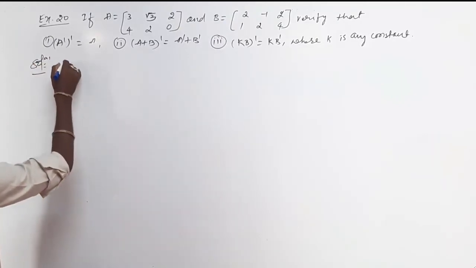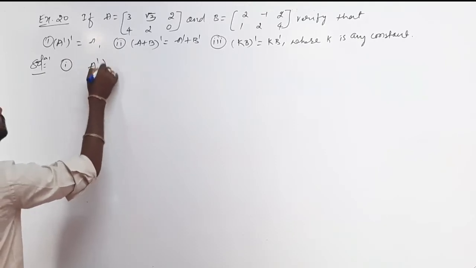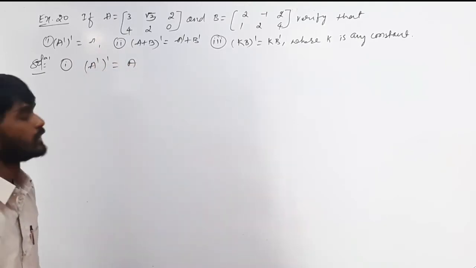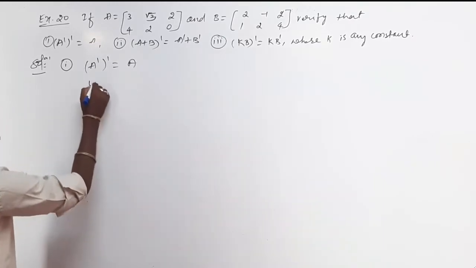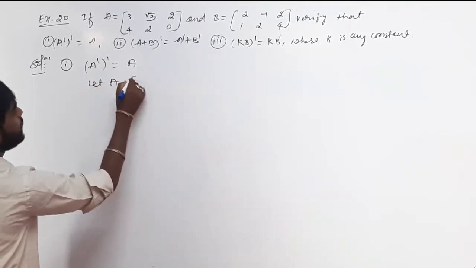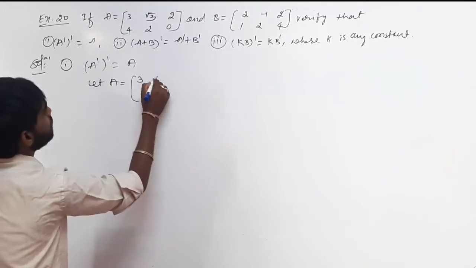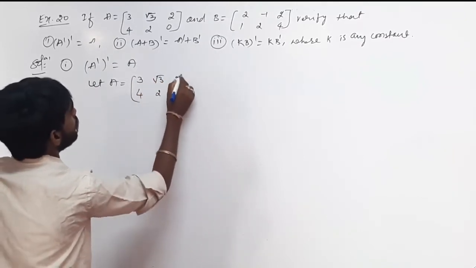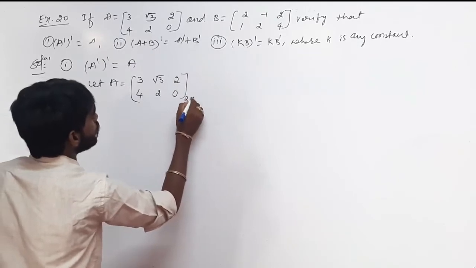First one, (A dash) whole dash is equal to A. So first, let A be the matrix with rows 3, root 3, 2 and 4, 2, 0. This order will be 2 cross 3.